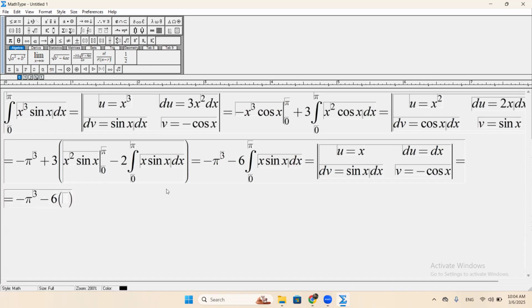So minus x cosine of x with substitutions from 0 to p. Minus, oh no, here we have plus the integral from 0 to p of cosine of x dx.